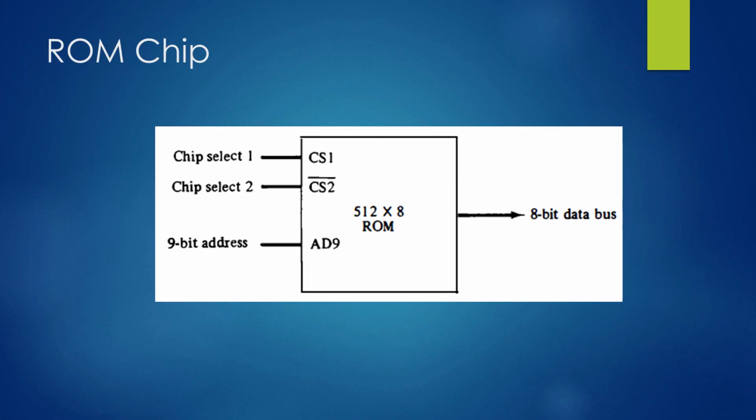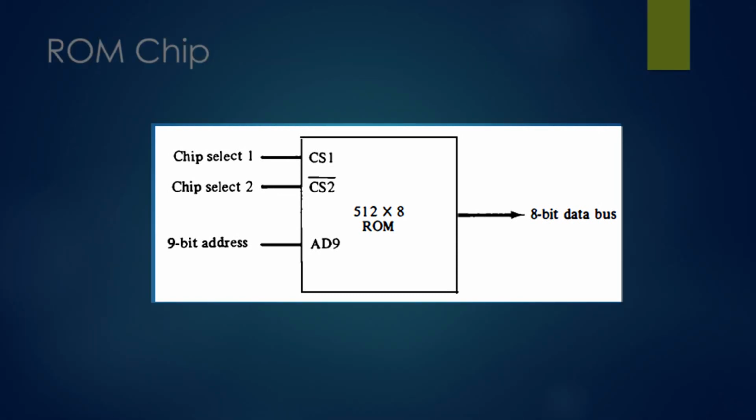they work. Now the diagram you can see in the slide is related to the ROM chip. As compared to the RAM chip, you can see there is no option for read and write, but we already know that ROM can only be read.